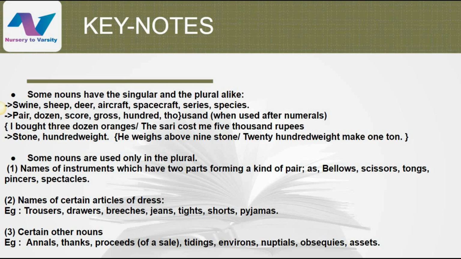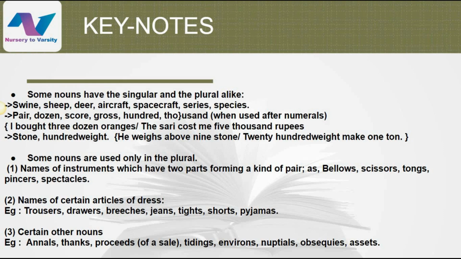No. The reason being, these are most probably common nouns. When I say aircraft, aircraft denotes all the craft traveling in air. Spacecraft, crafts for space. Series, two numbers. Species, two herbs. So these are the words having both forms alike.